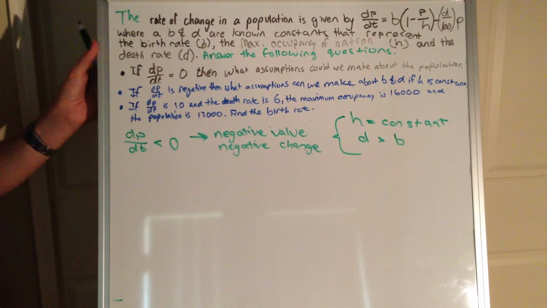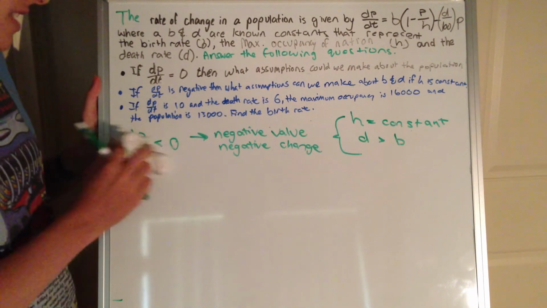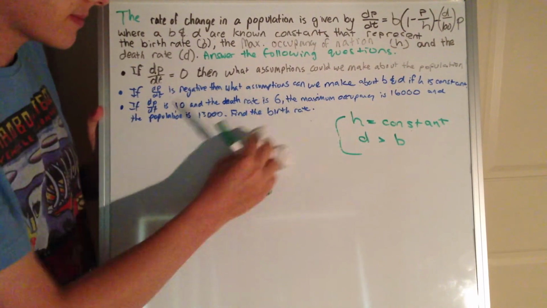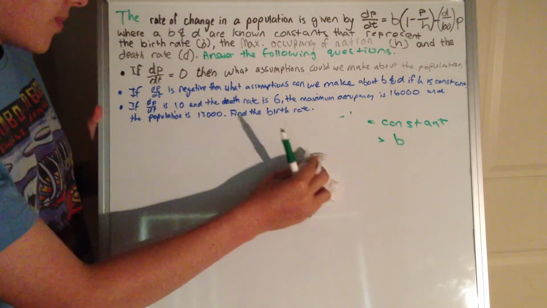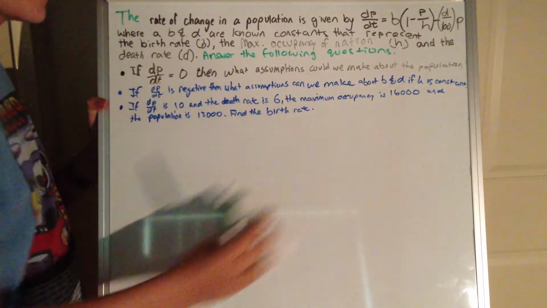So let's move on to the next one, where dp over dt is 10, the death rate is 6, and the maximum occupancy is 16,000 within a nation. Our population is 13,000, and we need to find the birth rate.